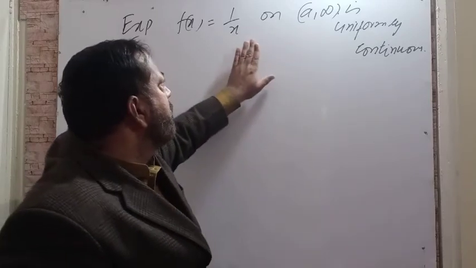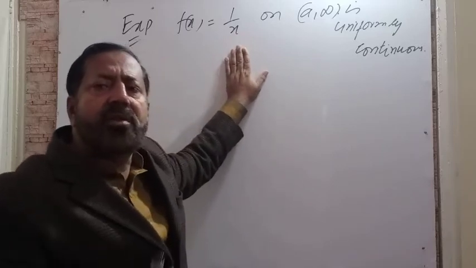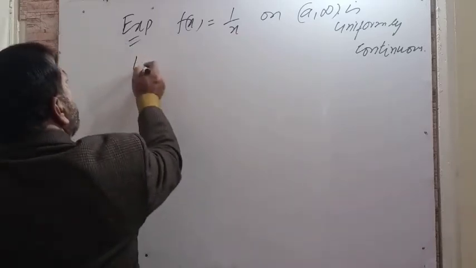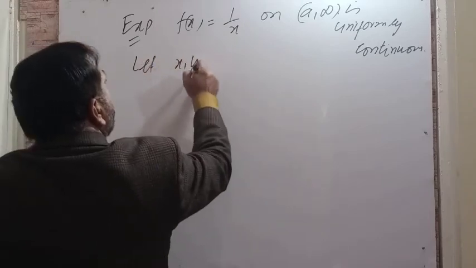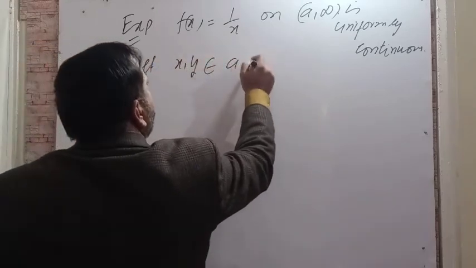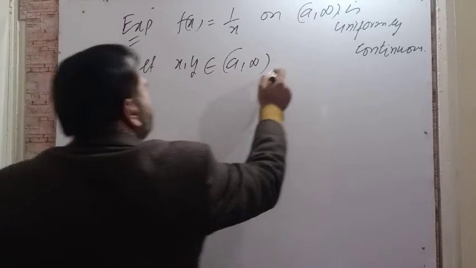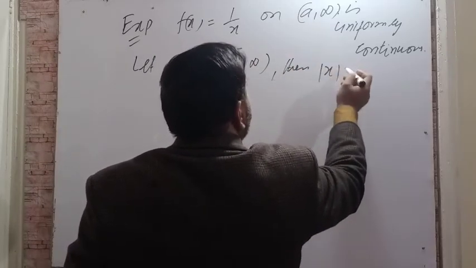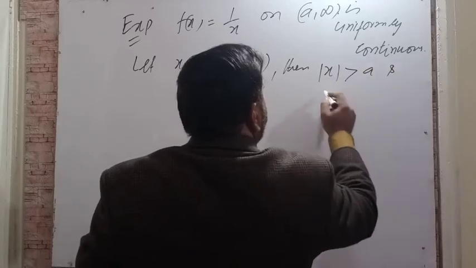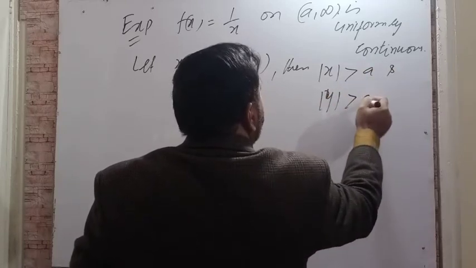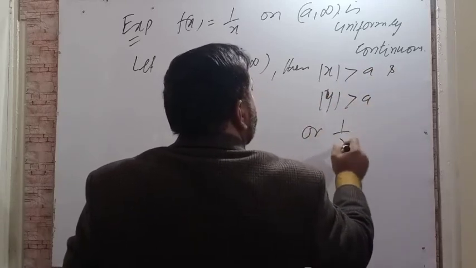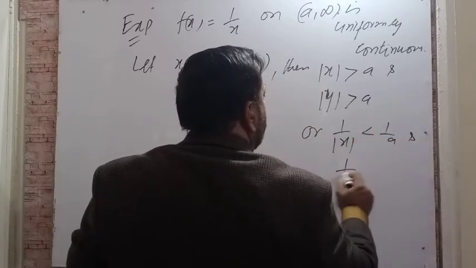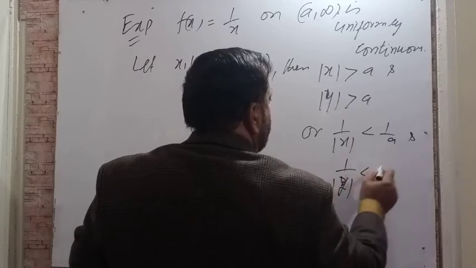Okay. So now you have to show it using the general definition of uniform continuity. So let x, y belong to [a, infinity). Then |x| must be greater than a and |y| must be greater than a, or you can say that 1 over |x| is less than 1 over a and 1 over |y| must be less than 1 over a.